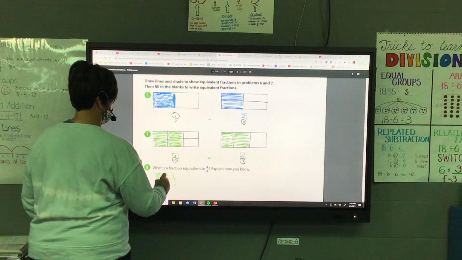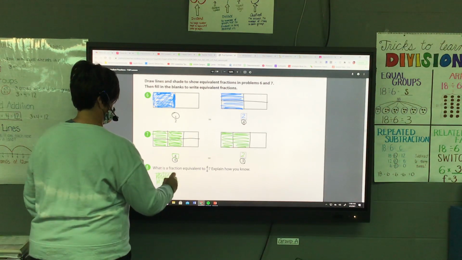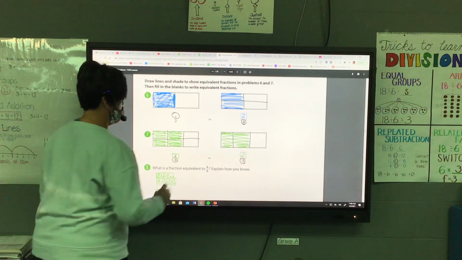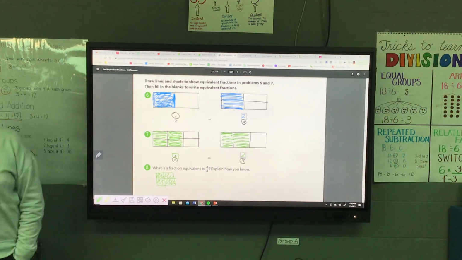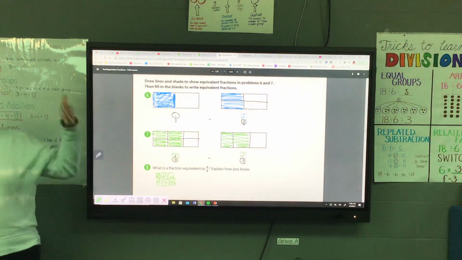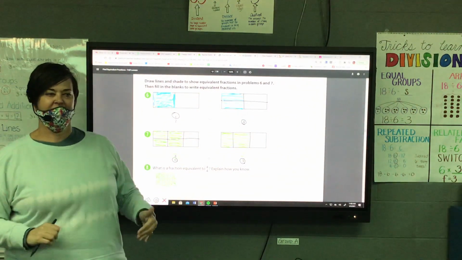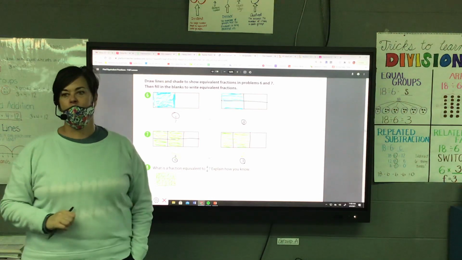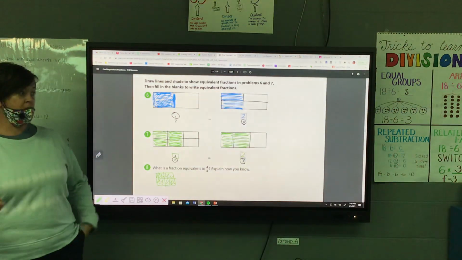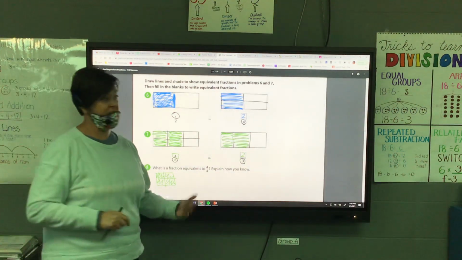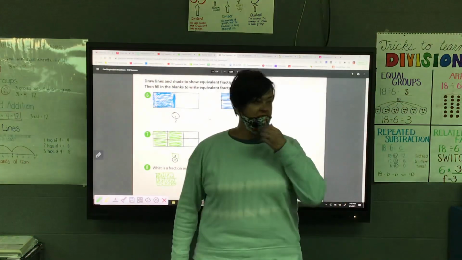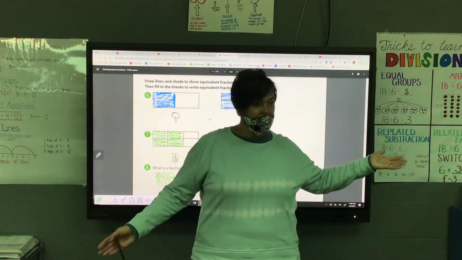If you have 4/4, what does that equal? Remember on our number lines when we would see that? What does 4/4 equal? Or it could be 3/3, or 6/6, or 8/8, or 10/10.